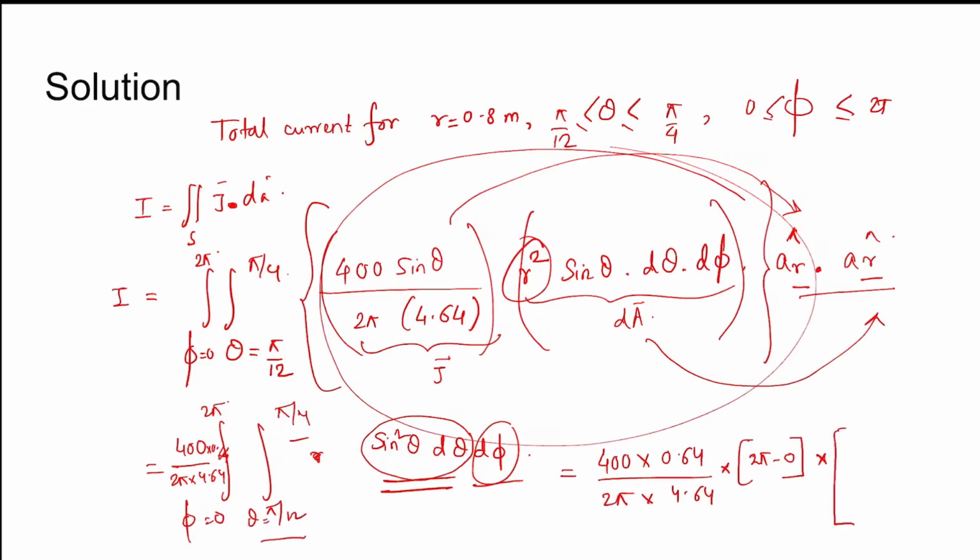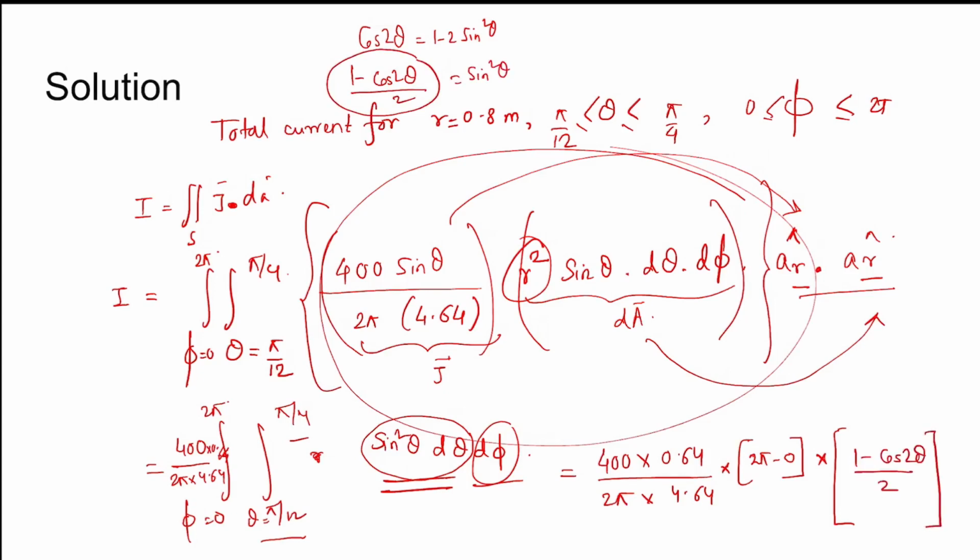Now the integration of sine square theta can be done: cos 2 theta equals 1 minus 2 sine square theta, so sine square theta is 1 minus cos 2 theta by 2. So just take 1 minus cos 2 theta by 2 and integrate it from pi by 12 to pi by 4 with d theta.